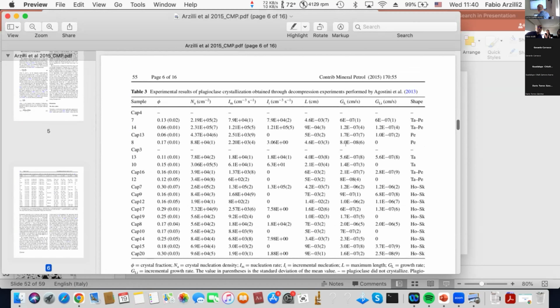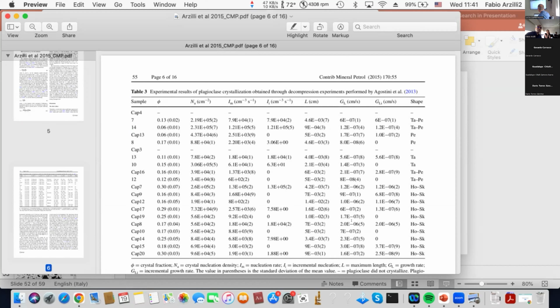Okay? And if you see, more or less they range between 10 to the minus 7 centimeter per second and 10 to the minus 8 centimeter per second. Some of those are 10 to the minus 6 centimeter per second, which are the fastest ones.